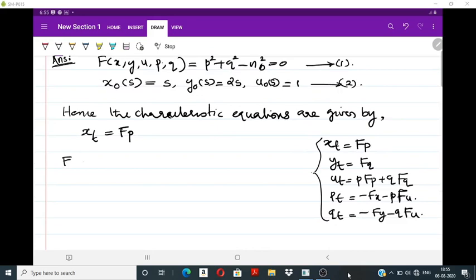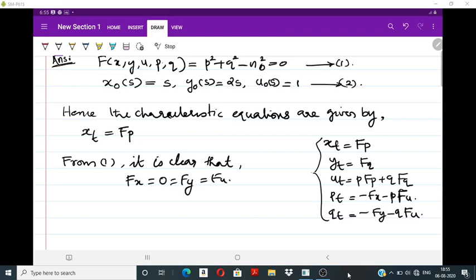For finding f p from equation number 1, it is clear that f x equal to 0 equal to f y equal to f u. The equation contains only p and q, and n naught is a constant here.